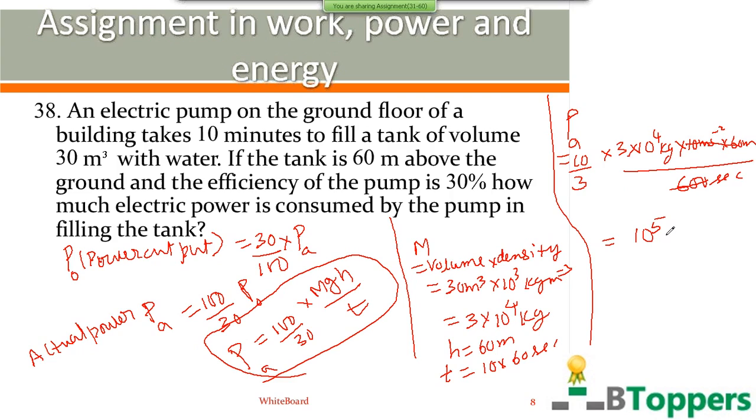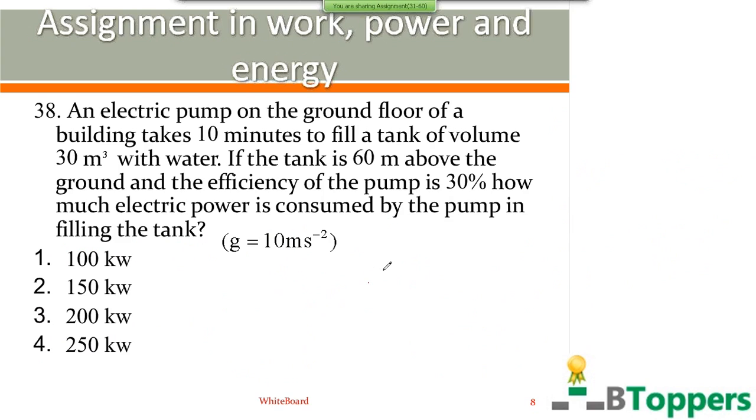So 10 power 5 watts or 100 kilowatt. If you want to copy the working, you can take a pause and copy down the working. So for question number 38, the first option is the answer.